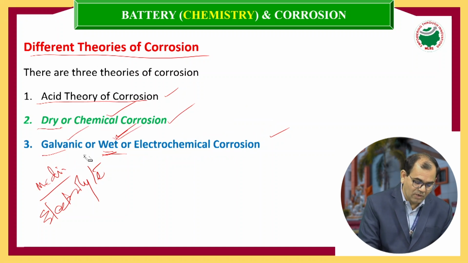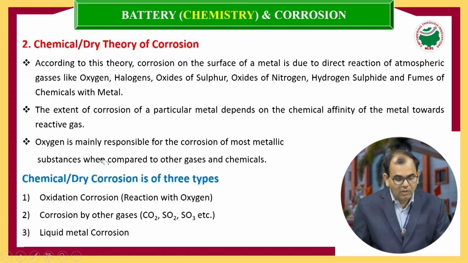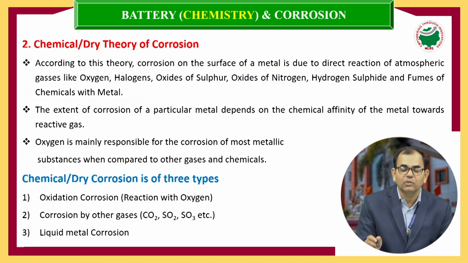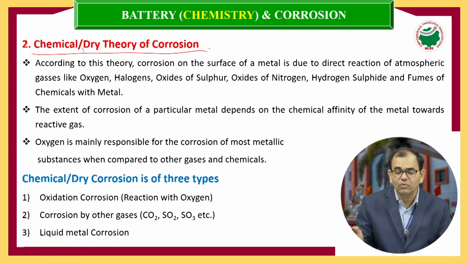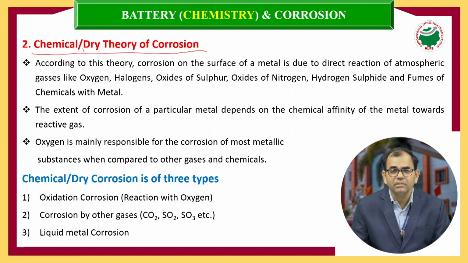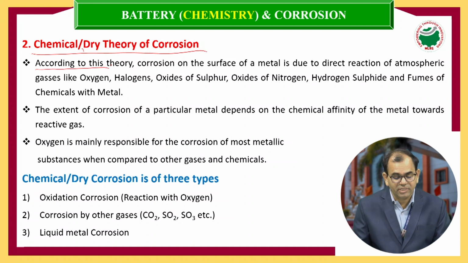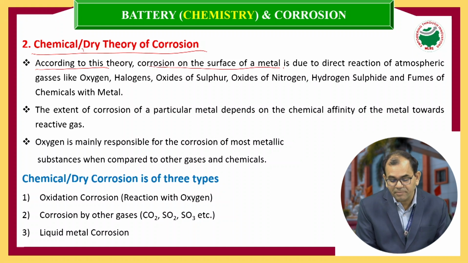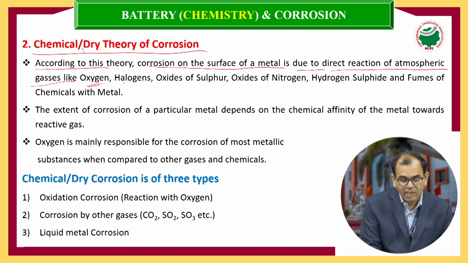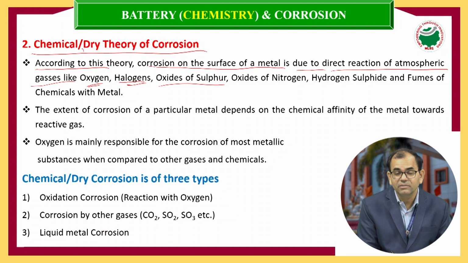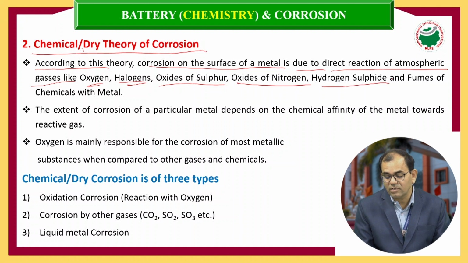Now, let us see what chemical corrosion or dry corrosion is. Don't get confused: dry corrosion is nothing but chemical corrosion. According to the dry corrosion theory, corrosion on the surface of the metal is due to direct reaction with atmospheric gases like oxygen, O2, halogens (fluorine, chlorine, bromine, iodine), oxides of sulfur (sulfur dioxide, sulfur trioxide), oxides of nitrogen, hydrogen sulfide, H2S, and fumes of chemicals.